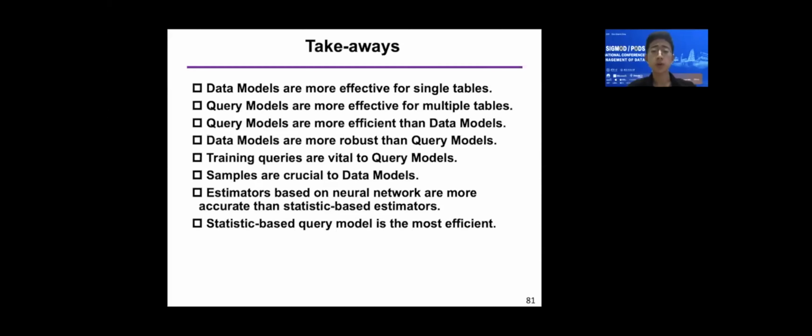And data models are more robust than query models because they only learn the underlying data distribution and work for different data or queries. Training queries are vital to the query models, and samples are crucial for the data models. And for the cost estimation problems, the estimators based on neural networks are more accurate than the statistic-based estimators. And the statistic-based query model is the most efficient.